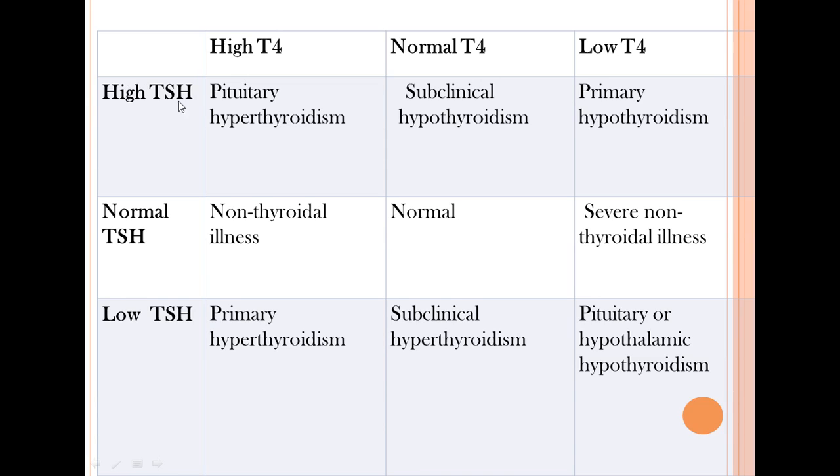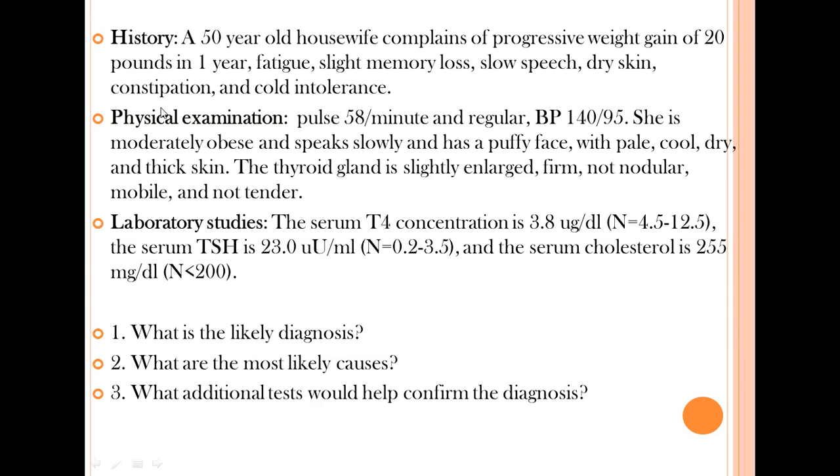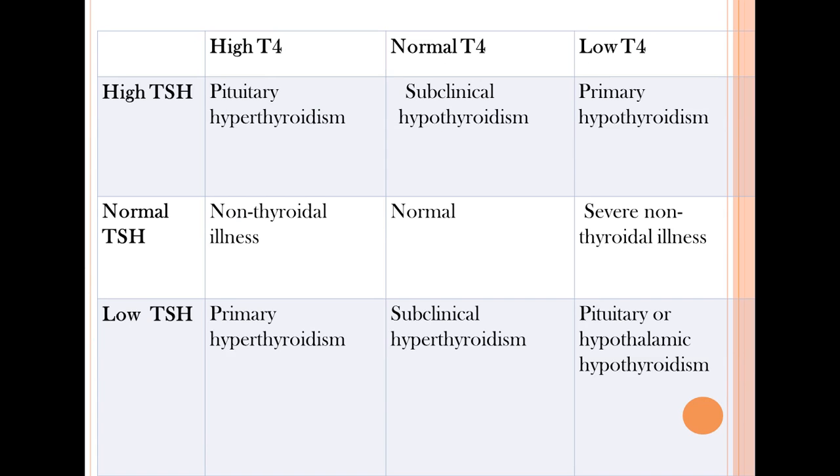There will be overproduction of TSH from the pituitary gland, and this will lead to overproduction of the T4 from the thyroid gland, and the result must be interpreted as pituitary hyperthyroidism.